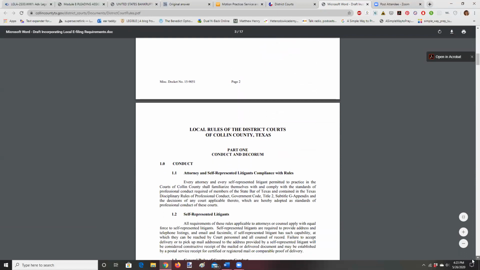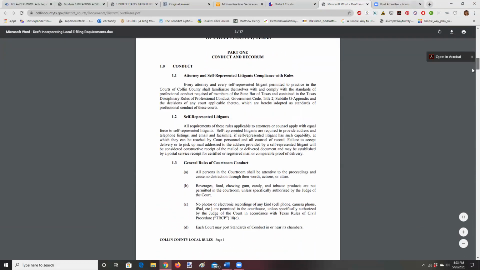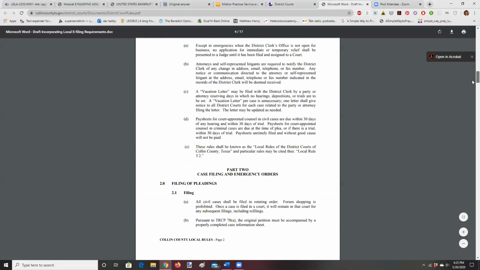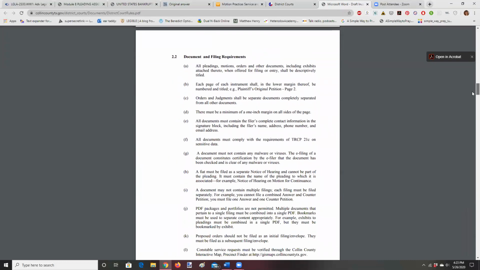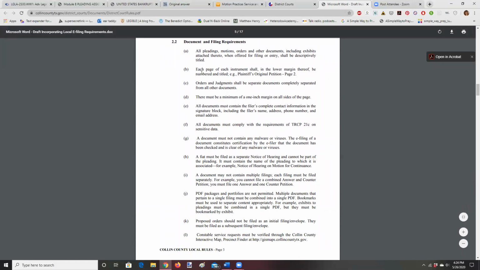Okay, so let's go forward, and here are our local rules. I'm going to go forward to where we have the document requirements, because since we're following Collin County, or we'll say we are, this will tell us the rules. This tells us what our footer needs to be. So we need to have the name of the document, and we need to have the page number.